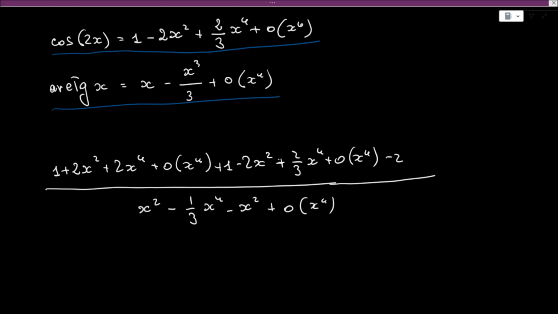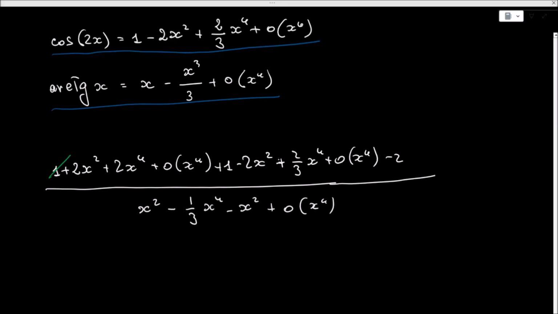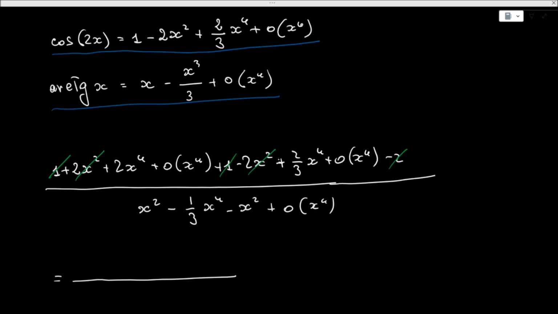Okay, so let's see if we can simplify something, and we can definitely simplify 1, 1 and minus 2, right? We can simplify 2x squared minus 2x squared, so that we are left with 2x to the 4 plus 2/3 x to the 4, that gives at the numerator 1/3 x to the 4th, plus little o of x to the 4th.